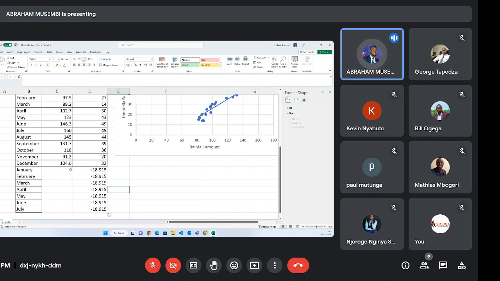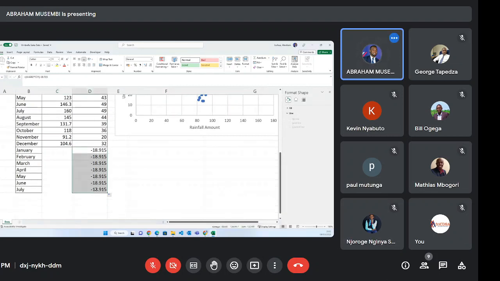So we can even drag here. In case maybe we want to predict the umbrella sales for the following year or for the following 6 months, given the amount of rainfall, it is possible. Why? Because you'll just need to insert the values of rainfall you are assuming you will get.